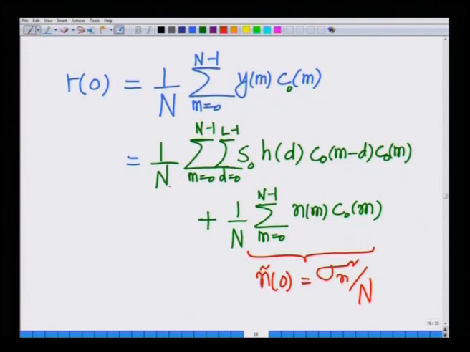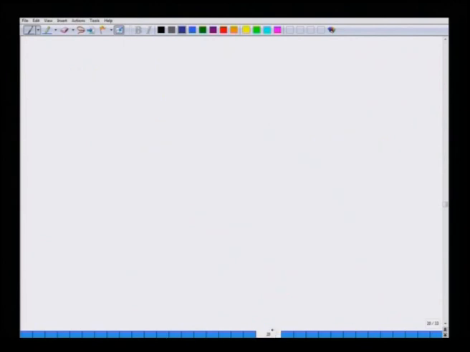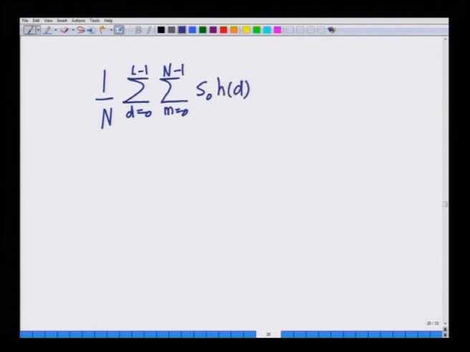So, let me now analyze this signal component, because that involves some analysis, as it is not straightforward. The signal component is nothing but, let me write that down again, 1 over n summation d equals 0 to L minus 1, summation m equals 0 to n minus 1 S 0 h of d C 0 m minus d C 0 of m.